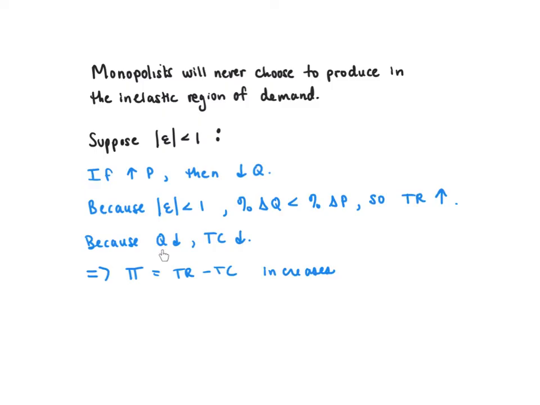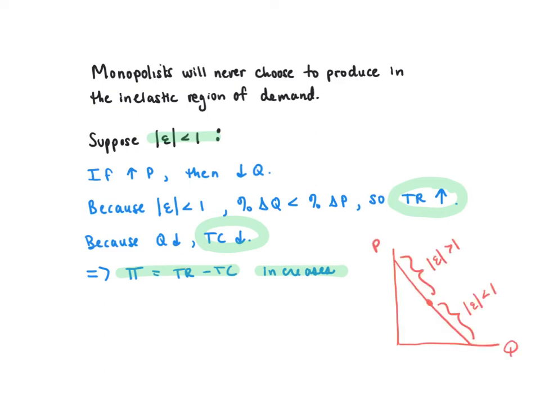At the same time, because the firm's producing a smaller quantity, it's incurring a smaller total cost. Put these two together, and that's good news in both cases. Revenue is up and costs are down, so profit will increase. Whenever the firm is producing where demand is inelastic, the firm will always have an incentive to increase price and lower quantity, because by doing that, it will increase its profit, and it will continue to do that until it just moves itself right out of the inelastic region of demand.